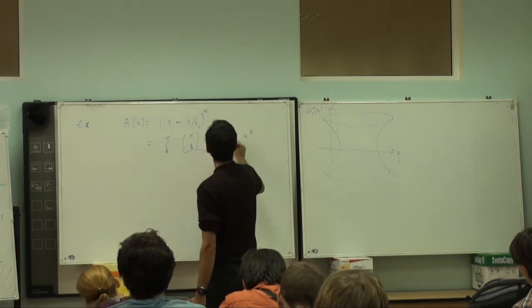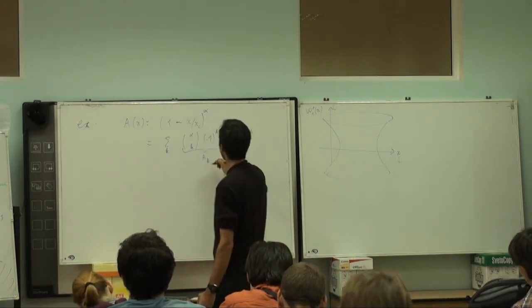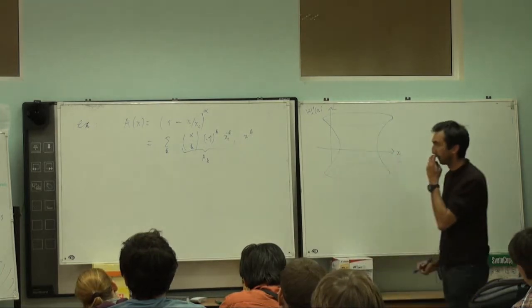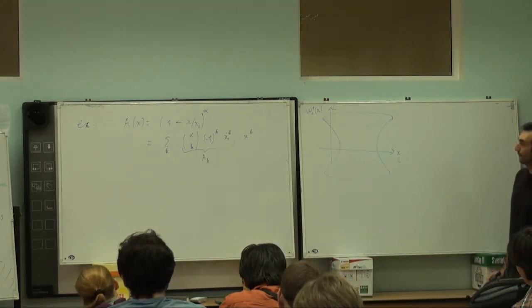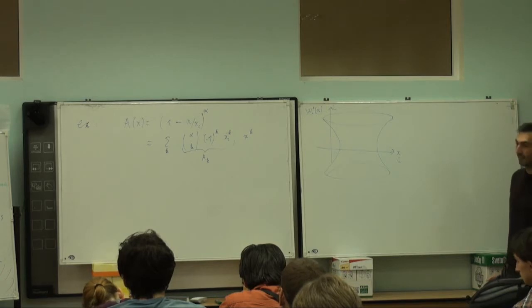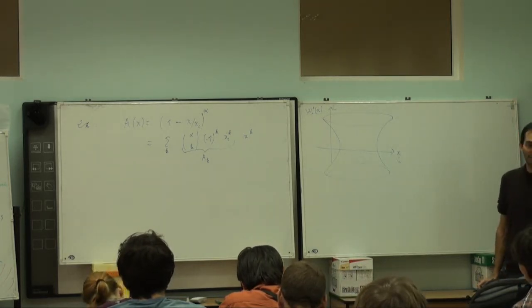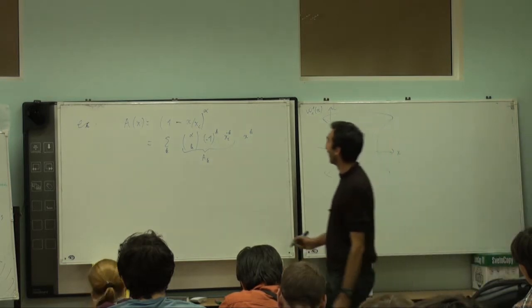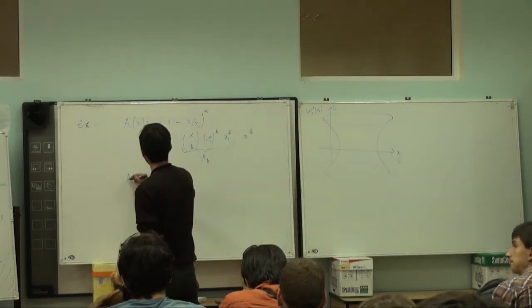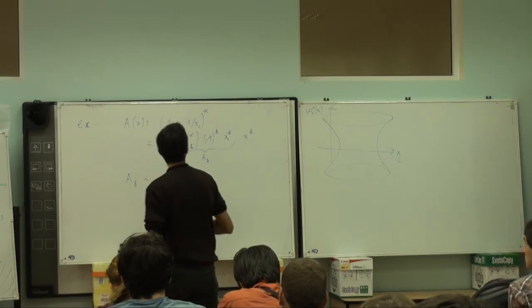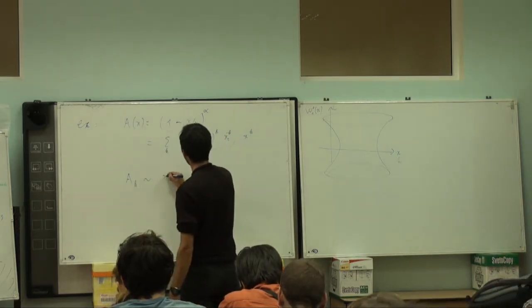So somehow this is the coefficient a_k. And it's easy to see how it behaves at large k. You use Stirling's approximation formula for the binomial coefficient.